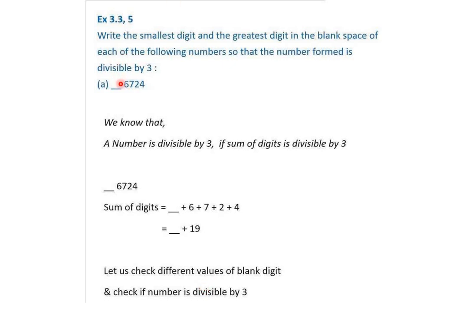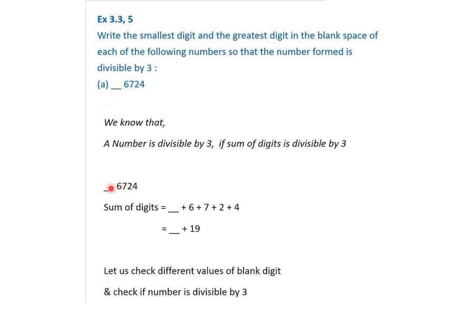We don't know which number will come in the blank space. Here only a one digit number will come. One digit numbers are what? 0, 1, 2, 3, 4 till 9, because after 10 it is turning into a two digit number. So we need not take that. We have to think from 0 to 9 only.